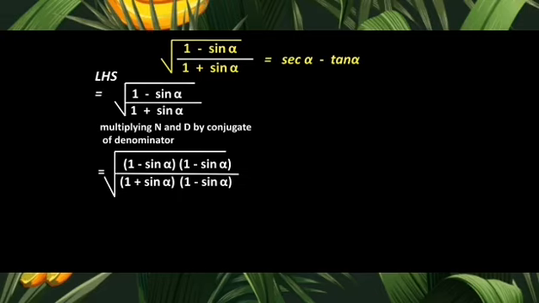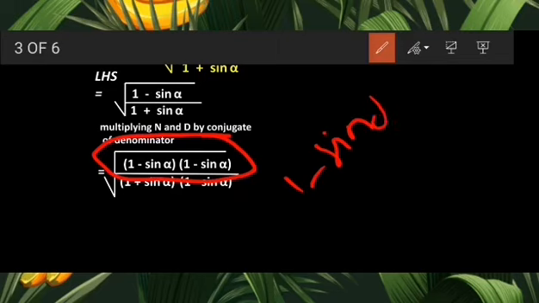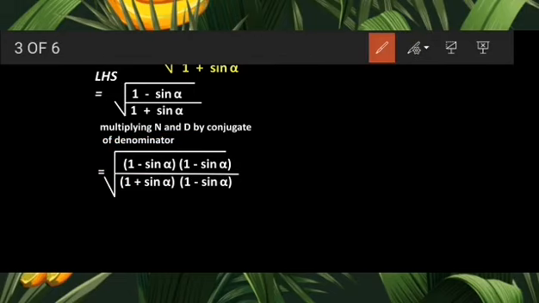Okay, if you observe the numerator over here, you will come to know that both the brackets have the same sign. If both the brackets have the same sign, it means that I can turn it into 1 minus sin alpha the whole square, correct? 1 minus sin alpha the whole square. Okay, and if you observe the denominator, you will come to know that there are two brackets with the same terms, 1 and sin alpha, but with the opposite sign.